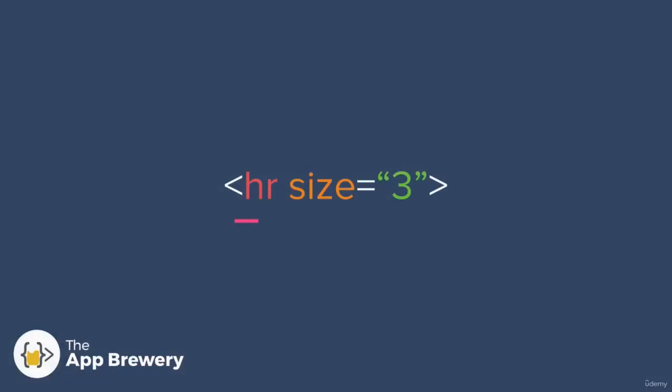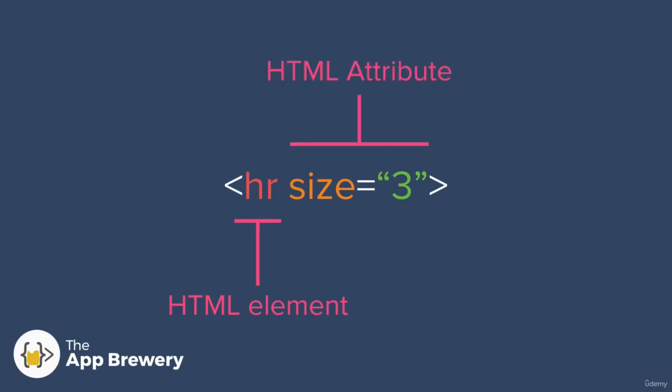Now, we know that the first part of the tag is the HTML element, and it's BR or HR, whatever it is that you want to use. Now, the second part inside the angle bracket or inside our tag is new, and this is called an HTML attribute, and it basically gives more information to the browser to specify modifications to that HTML element.